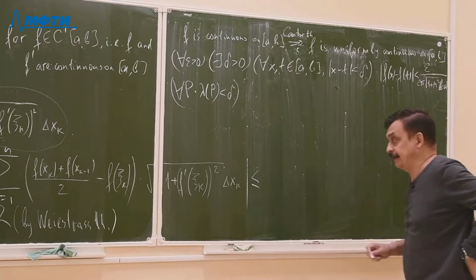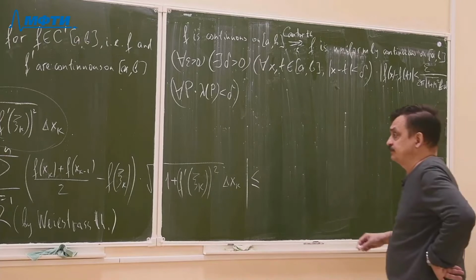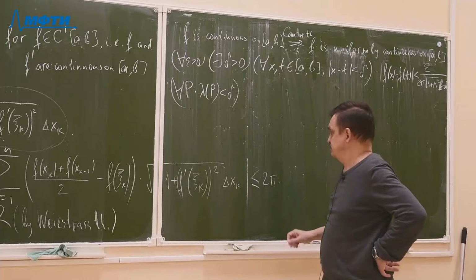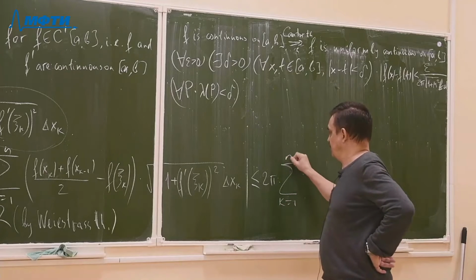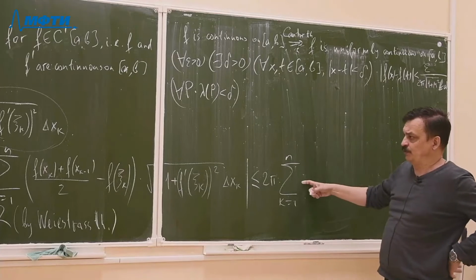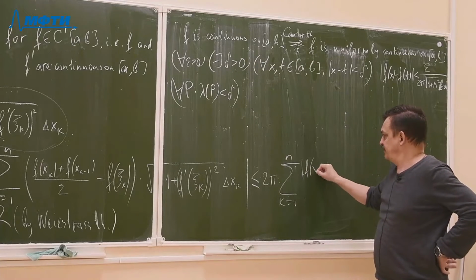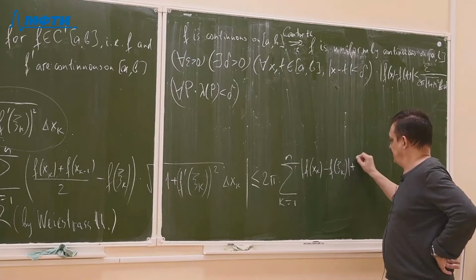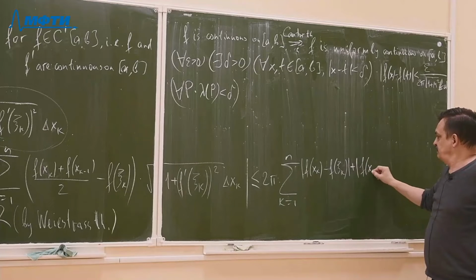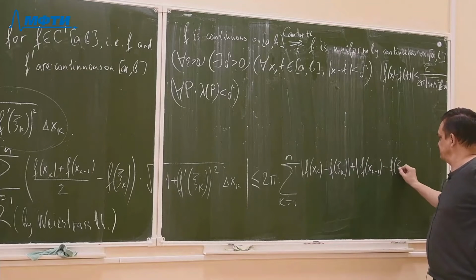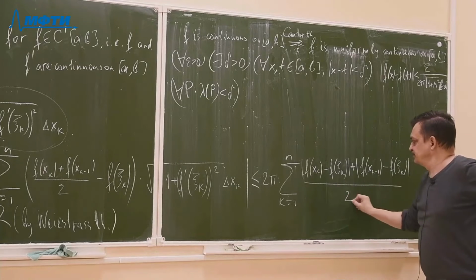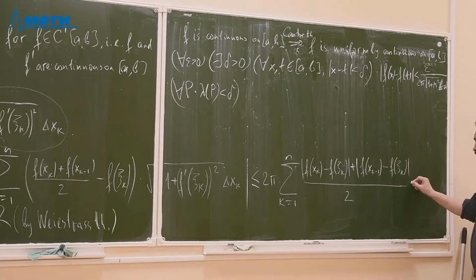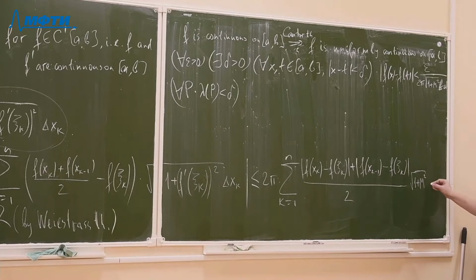Let's estimate: less or equal than 2 pi times sum k from 1 up to n of the modulus of (f of xk minus f of xi k plus f of xk minus 1 minus f of xi k) over 2, times square root of 1 plus m squared, times delta xk.